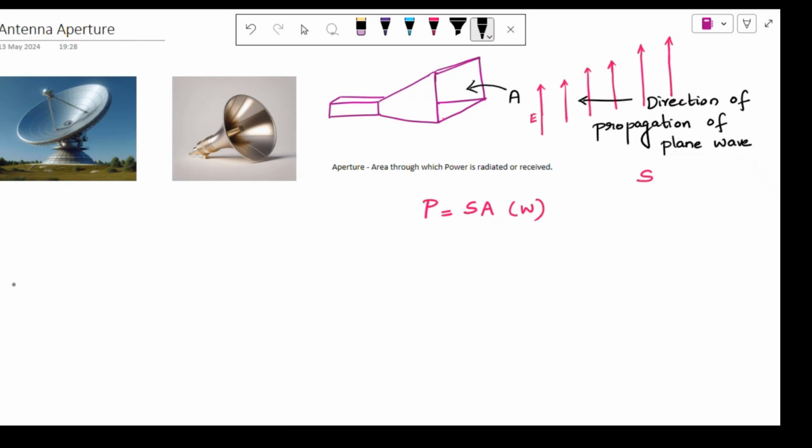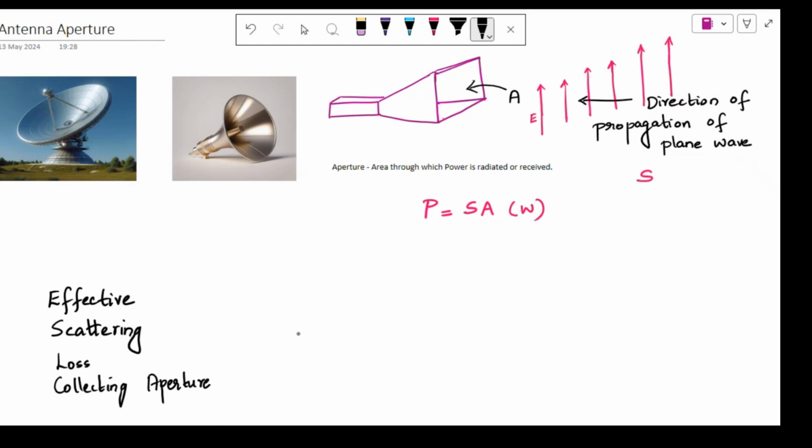Based on that, there are several types of apertures: the effective aperture, the scattering aperture, the loss aperture, and then the collecting aperture. This is mainly based on the losses and the radiation resistance of the antenna, so you have different types of apertures.